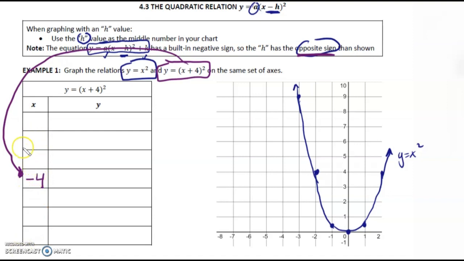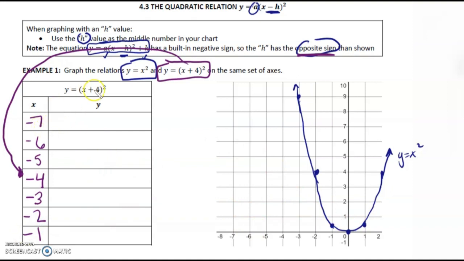Going up, we're going to go negative 5, negative 6, negative 7, because usually we would start at, say, negative 7 and move forward, to the right on the number line. Negative 3 is a bigger number, negative 2 is a bigger number, negative 1 is a bigger number. So we go bigger.